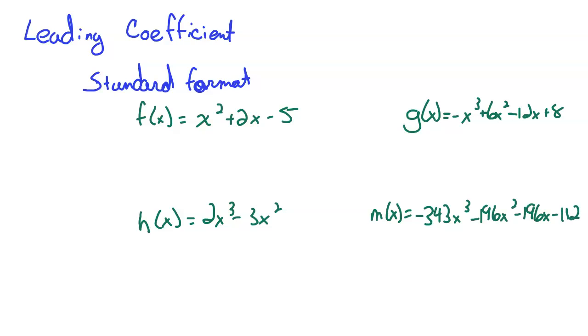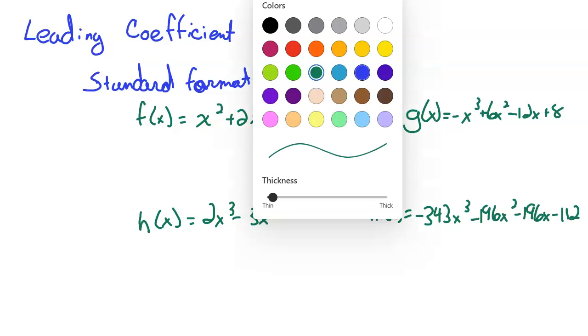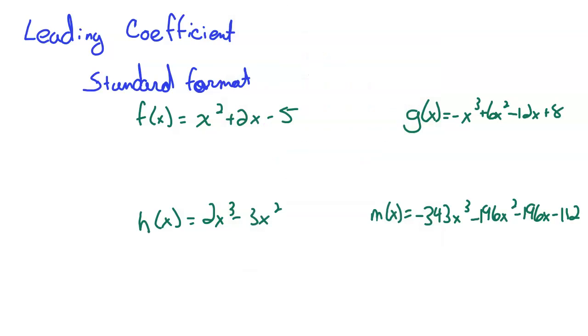All of these are polynomials, and all of these are written in that standard format. They're all multiplied out. Now, looking at these, the leading coefficient is the number that is in front of the largest exponent of an x.